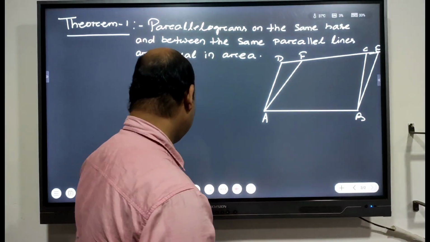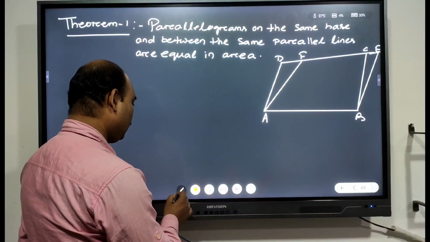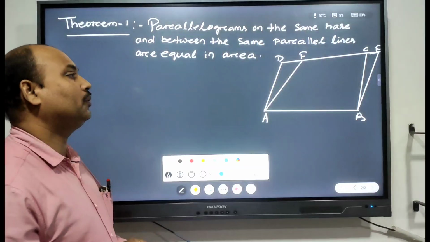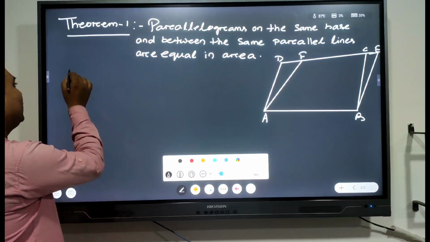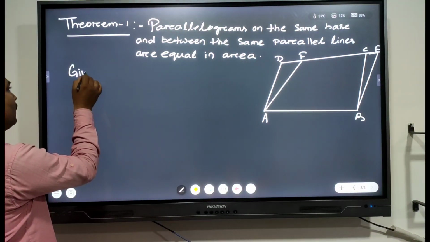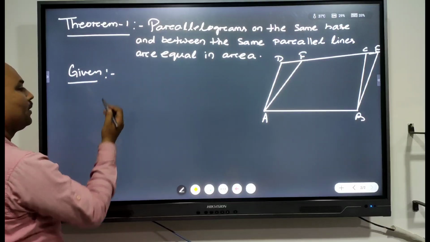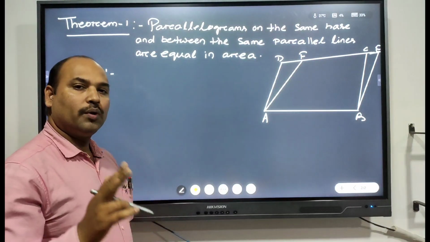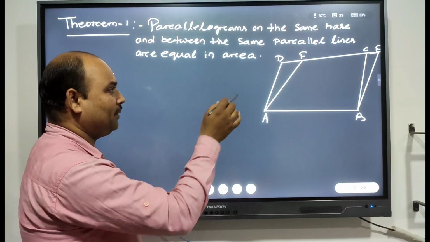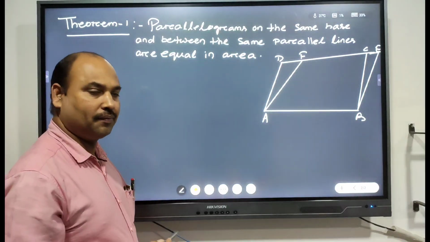Then we have to prove that the areas are equal. Okay? So now we prove. For that we have to write the given. What is given here? Given: first, we have two parallelograms ABCD and ABEF.